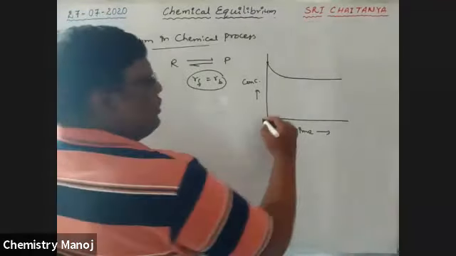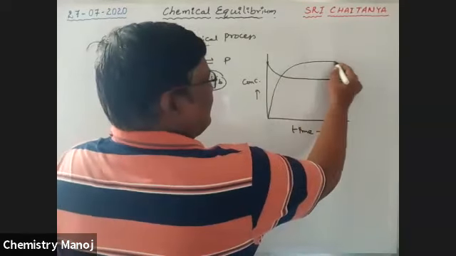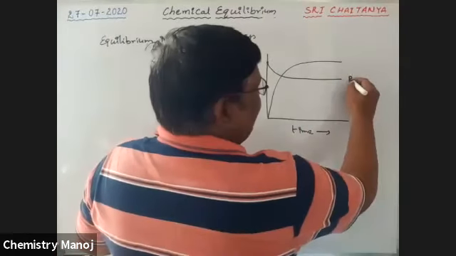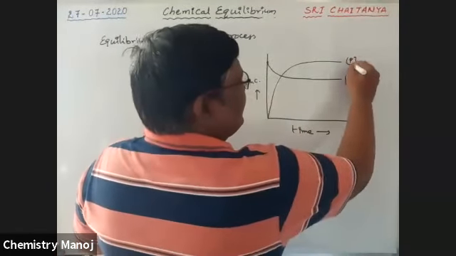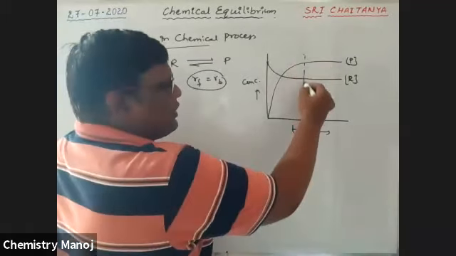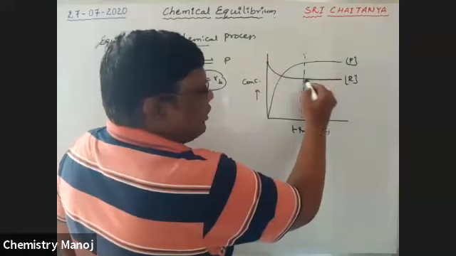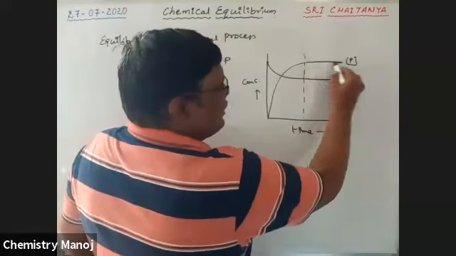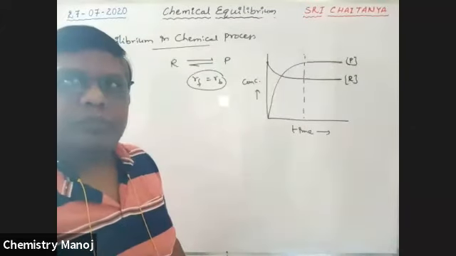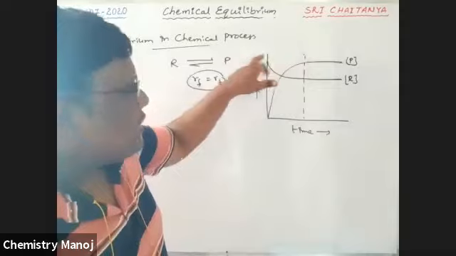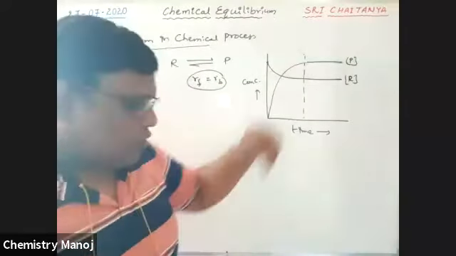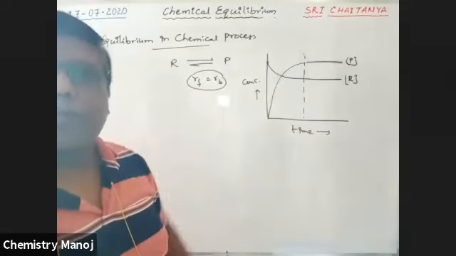In this particular state, the concentration of reactants is constant along this line, and the products are also constant along this line. Both are not equal, my dear boys. This is the concentration of reactants, this is the concentration of products. At that stage, the rate of the forward reaction is equal to the rate of the backward reaction, which is an equilibrium state.